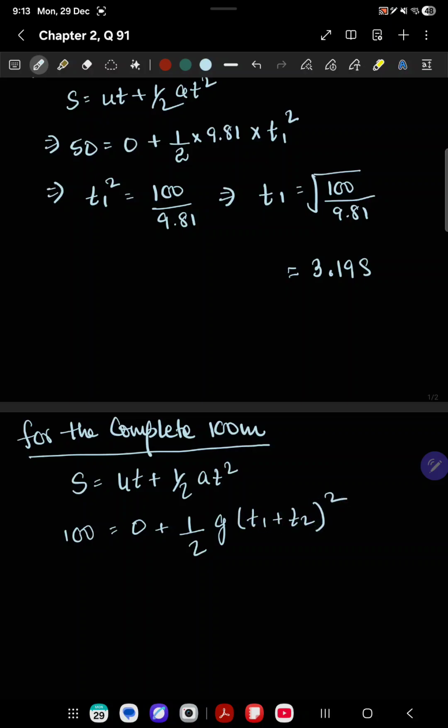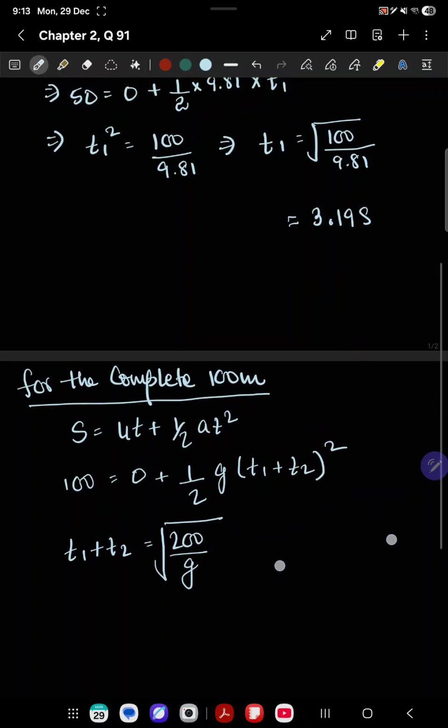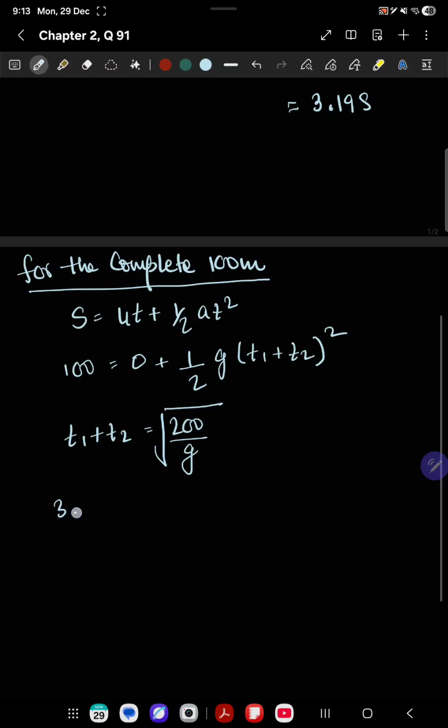So if we solve this, we'll get a value of t1 plus t2 as under root of 200 upon g, and we can feed the value of t1 from above, which will be 3.19 plus t2 equals under root of 200 upon 9.81, right?